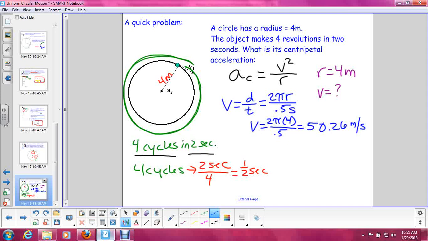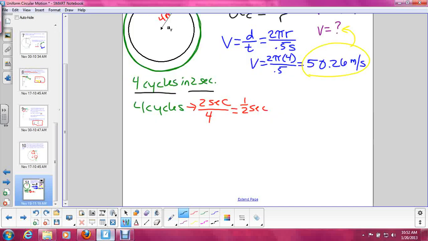So now what we can do is use this number in our acceleration equation. So centripetal acceleration is velocity squared over the radius. We now know velocity is 50.26, and we need to square that, and then after it is squared, we can divide by the radius, which is 4 meters.